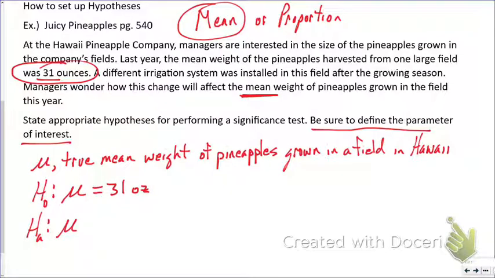And then notice how down here, managers wonder how this new irrigation system is going to affect that weight. It doesn't say they think they're going to be heavier or lighter. They just say they wonder how it'll affect it. It's very vague.